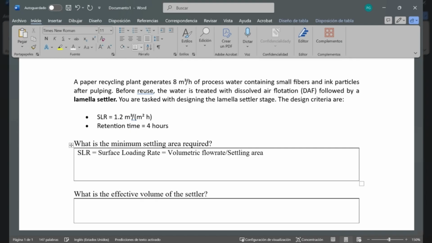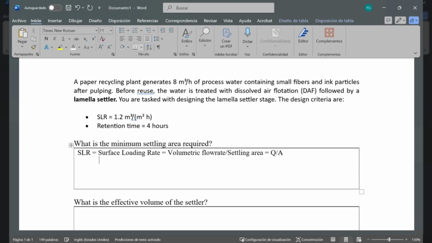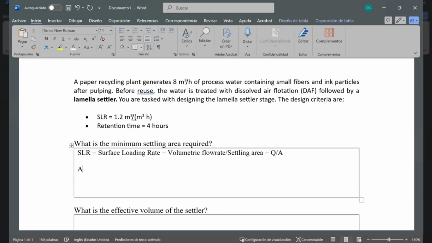So if we put this in formula, this would be Q over A. We're required to determine the minimum settling area. So the minimum settling area would be A, since SLR equals Q over A, is going to equal Q over SLR.